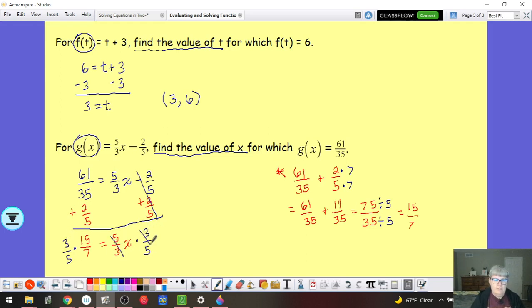The 5/3 times 3/5 will equal 1. 3 times 15 is 45. 5 times 7 is 35 equals x. 5 goes into both of these numbers, so we can simplify this again, for our final answer of 9/7.